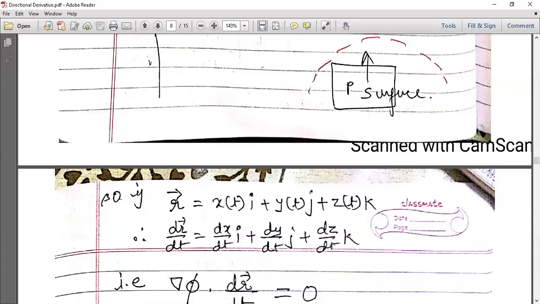So here we have a position vector. The position vector shows any point's position in space, and dx/dt, dy/dt, dz/dt will tell us the tangent, or slope.